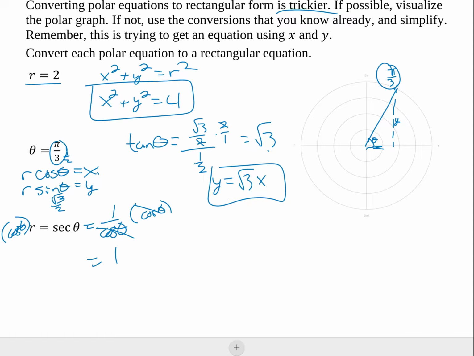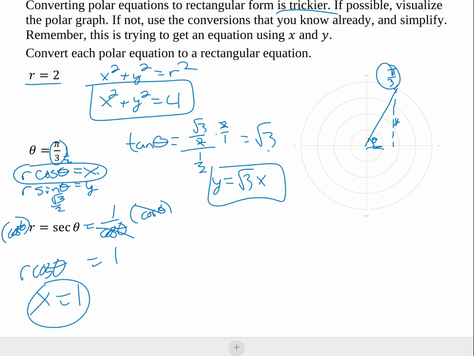On the left side, I have r cosine theta. Okay, so now I have something I can actually work with. R cosine theta equals 1. R cosine theta is something that I know. It is this right here. That's my conversion between polar and rectangular coordinates. So that means r cosine theta can be swapped, and I have x. X equals 1 is my answer. I've just converted it to rectangular coordinates. I don't have polar anymore.